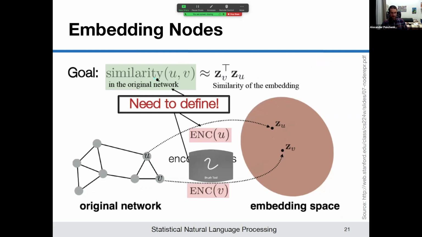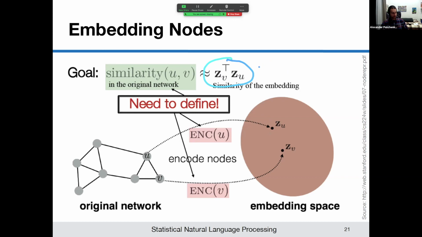The key question first will be how to define the similarity function, and you can use just a simple product between vectors, meaning that two nodes are similar if they have lots of common features, similar profiles, right?